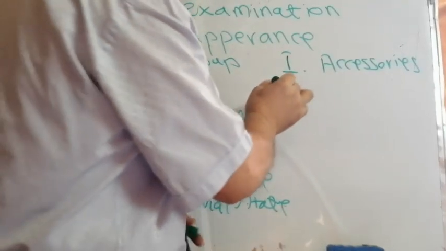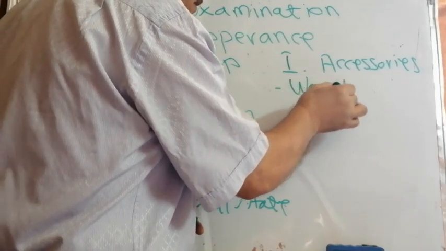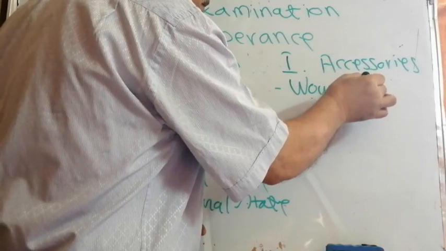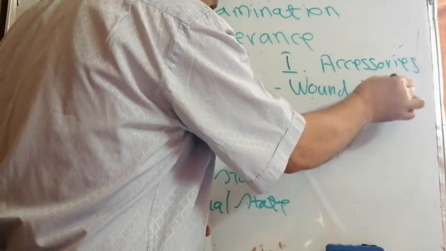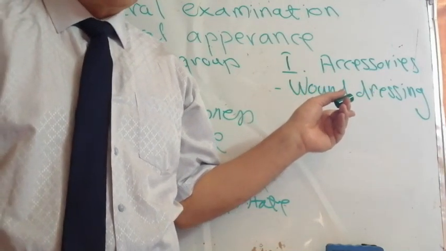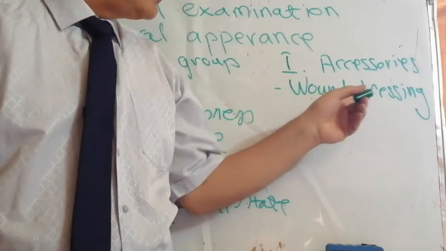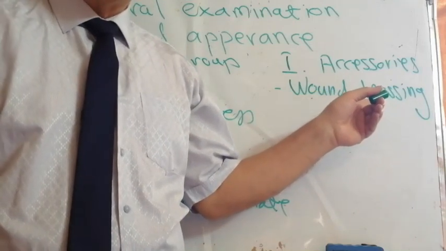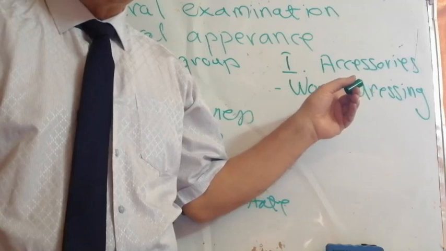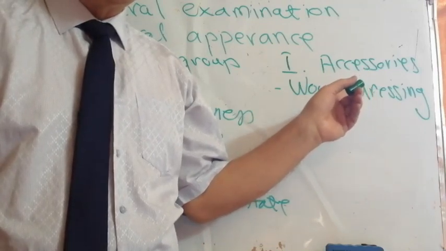If the patient has a wound or dressing, you should mention where the wound or dressing is, for example in the abdomen, and whether the dressing is wet or dry, the surroundings, inflammation.